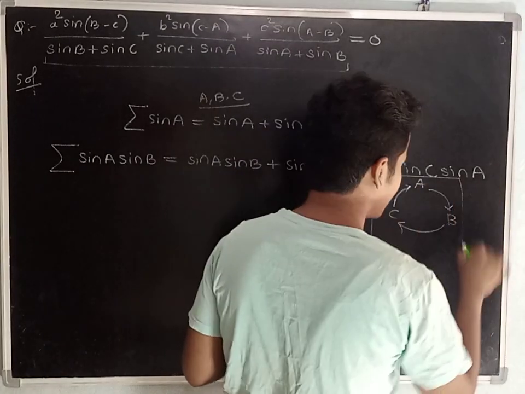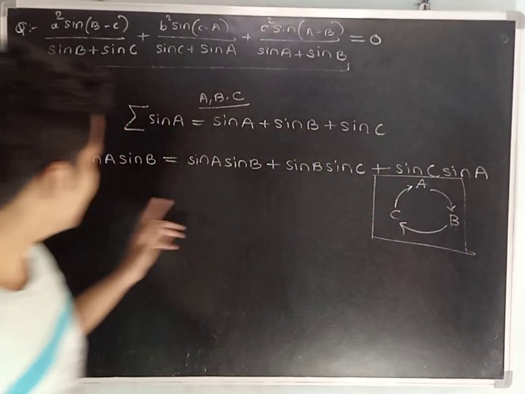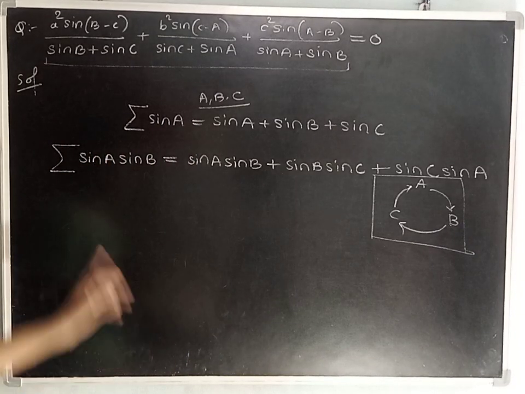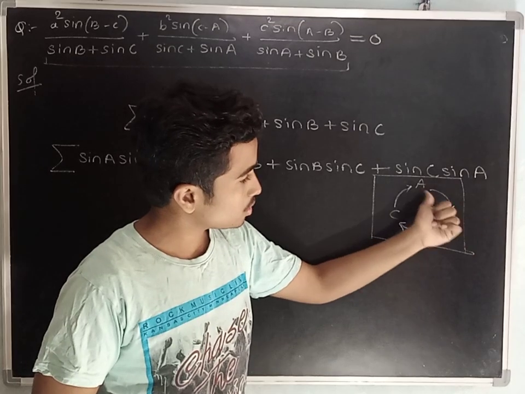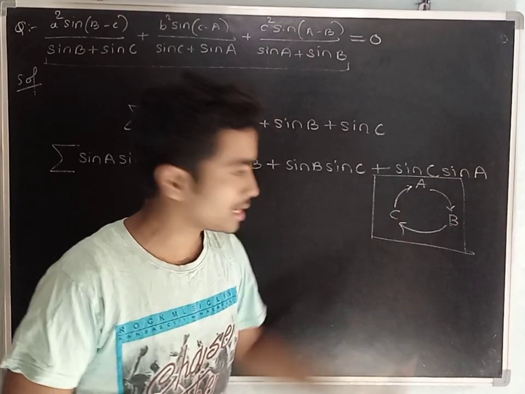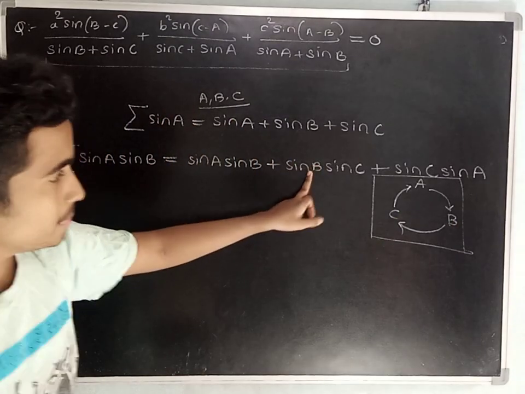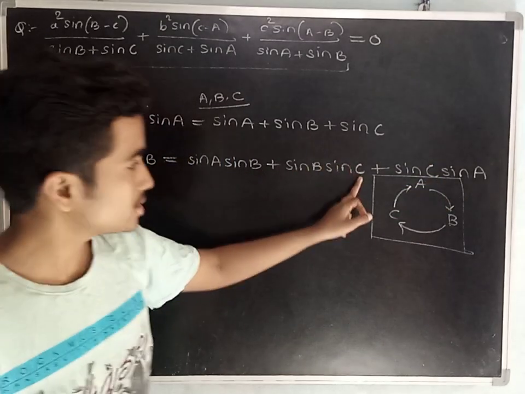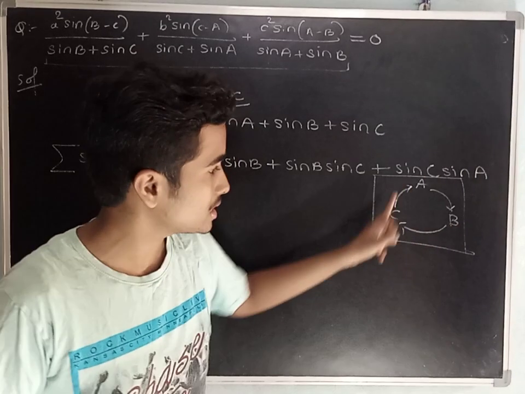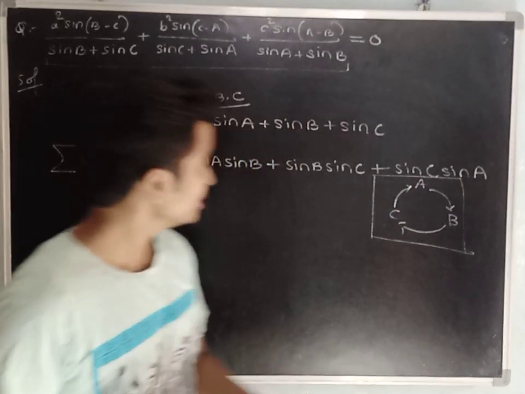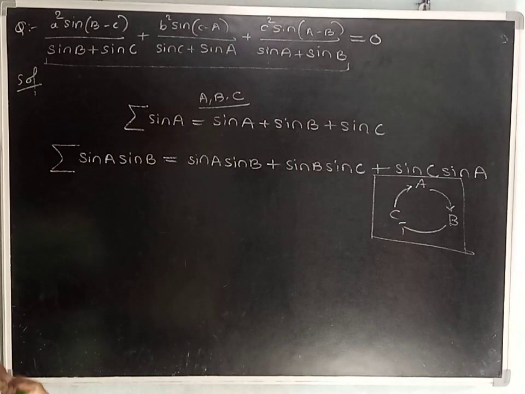Here is another new thing. For any notation, sigma tan, that may be tan A or tan A tan B, whatever it may be, you follow the same rule: A to B, B to C, C to A. That is what we need to keep in mind.